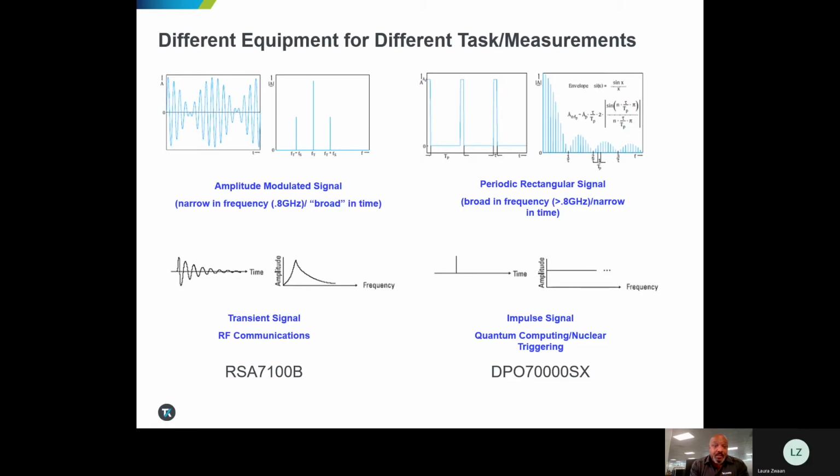With respect to time domain and use of the DPO 70KSX, in this case for a periodic waveform, each one of those frequency components, which are represented here by this sin x over x pattern, are critical.